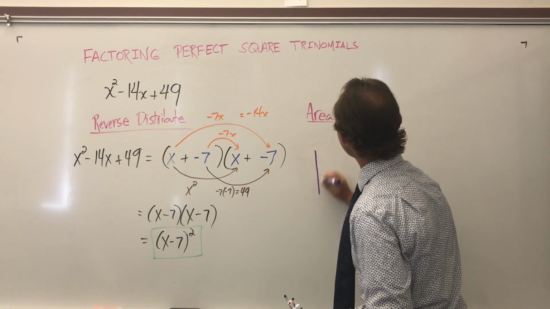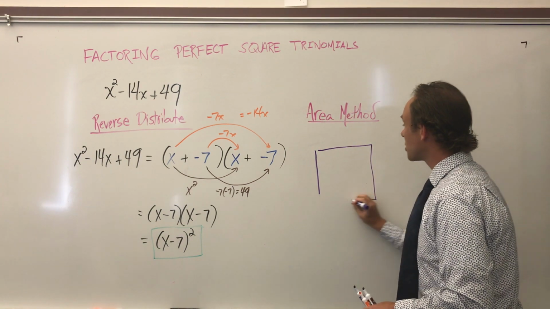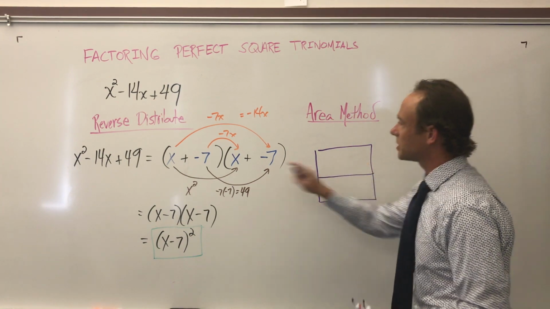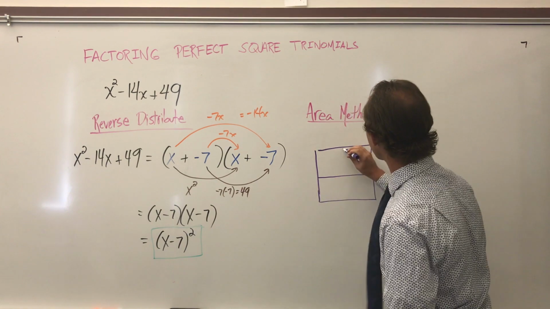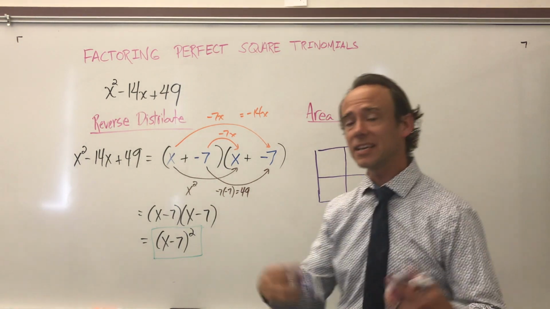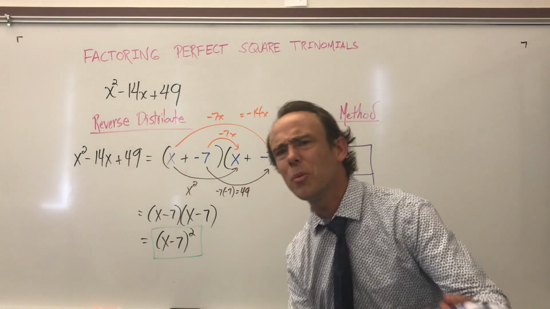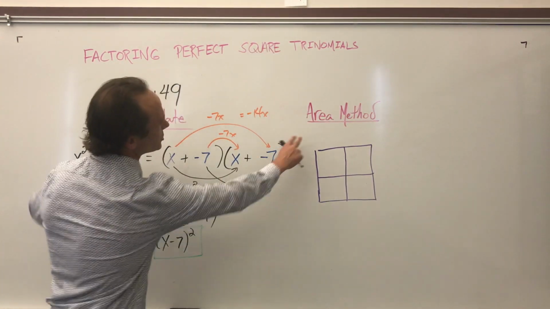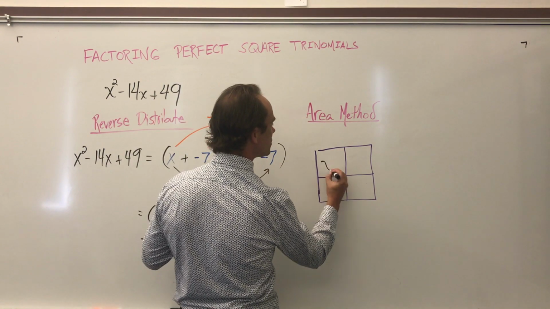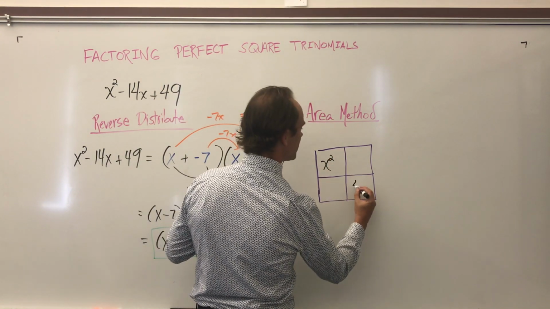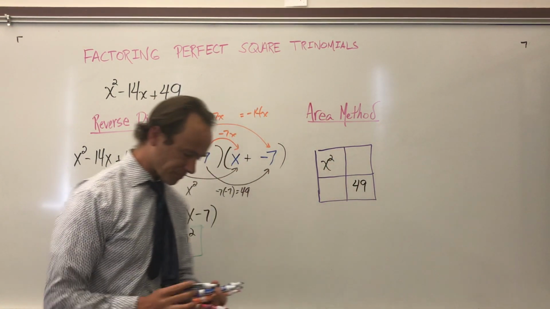All right, so this is the area method. So now we're going to use our imagination. We're going to act like we don't know the answer is right there, and we're just investigating a different method. Again, taking advantage of what we know about multiplication, because when we do the area method, we know the first term is here and the last term is there.